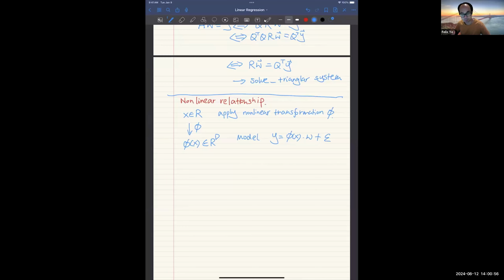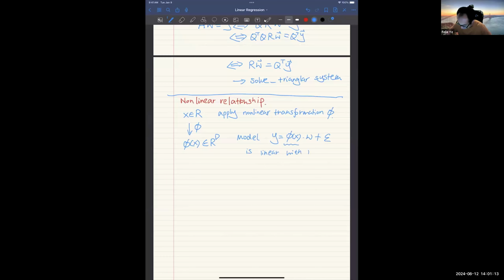As long as this phi is fixed, this whole thing is still linear in the parameter w. That is good.